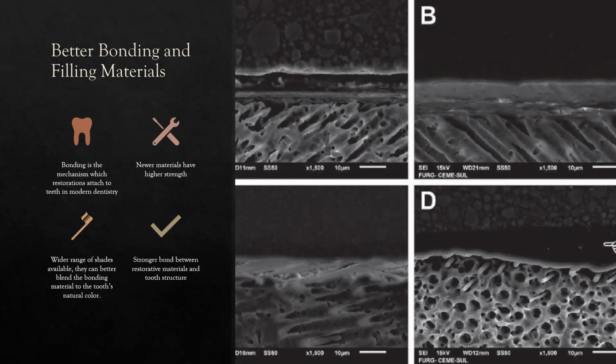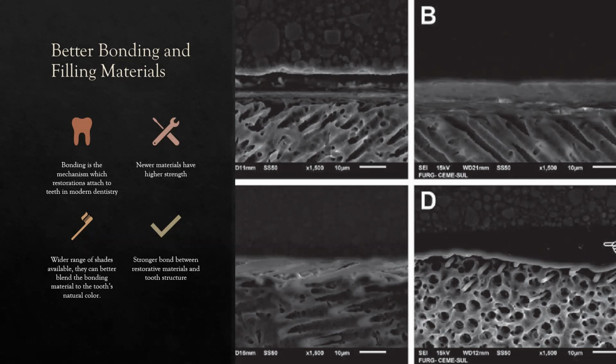The chemical bond is basically when the two materials have a chemical affinity to one another, which, if existent, gives a very low amount of bond strength. So the gluing process or the attachment process rarely depends in its entirety on the chemical bond. But the one important feature is that we create a micromechanical retention.